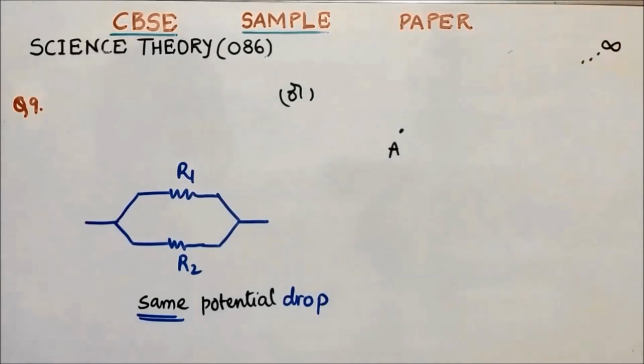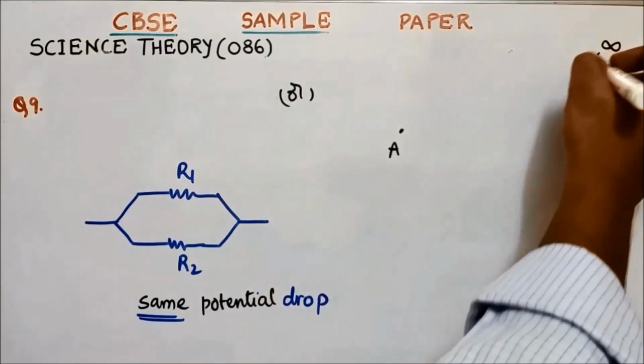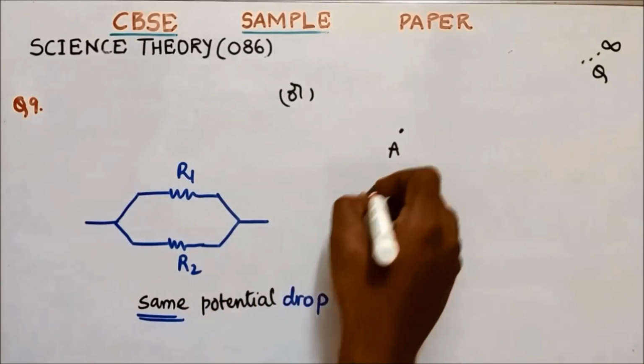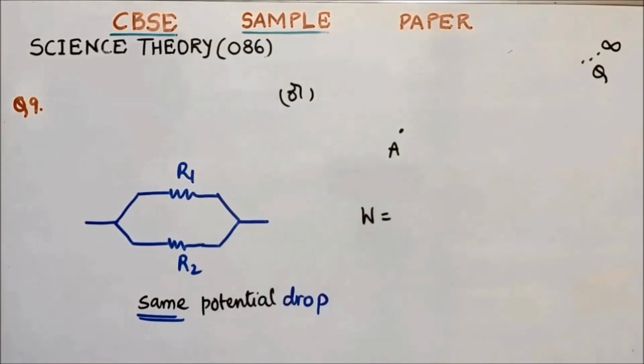Let us take the charge as Q. In order to bring the charge from that point to this point, we need to do some work. Let us write that work done as W.